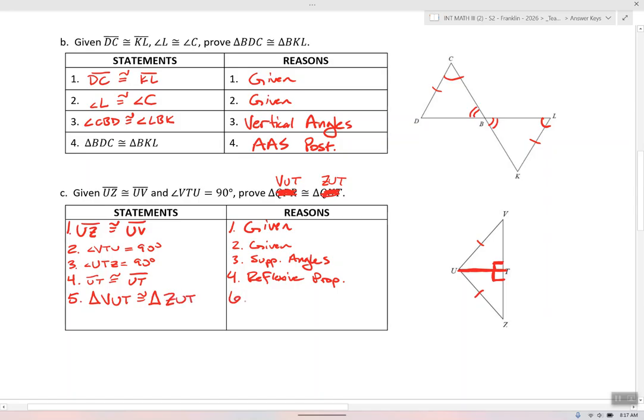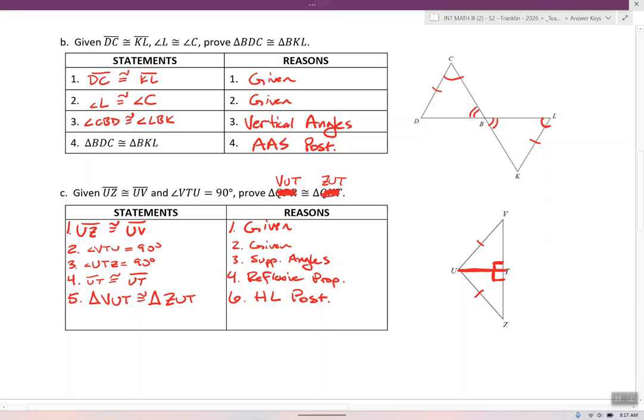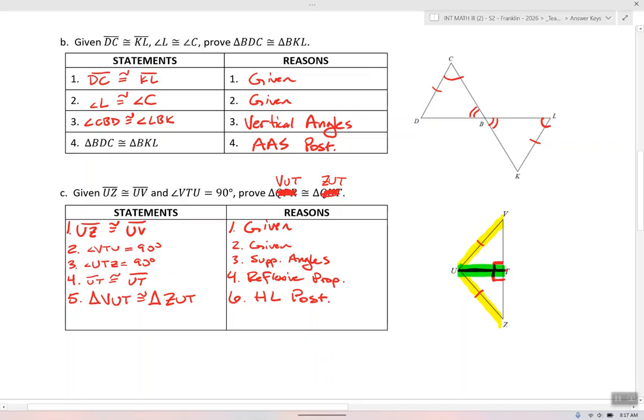And we know that because of the hypotenuse leg postulate, because the hypotenuses of our right triangles are congruent, and one leg in each triangle is congruent because that segment is congruent to itself. So that is enough to prove congruency there.